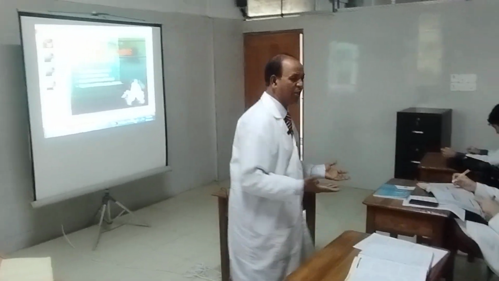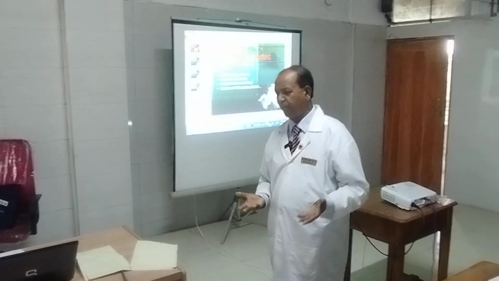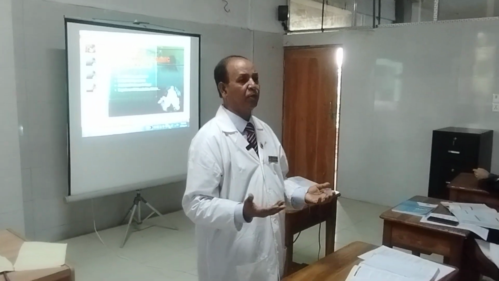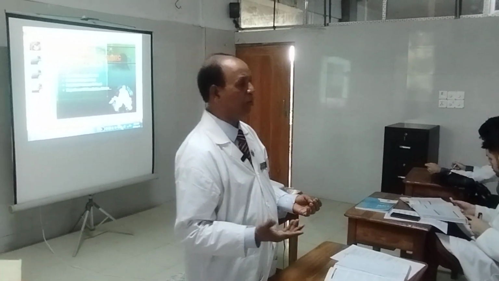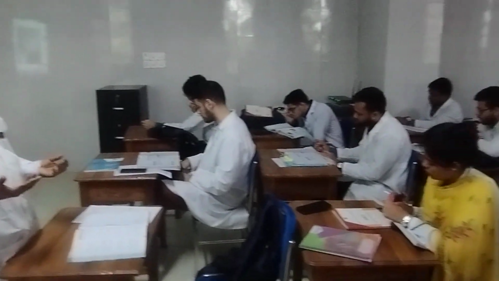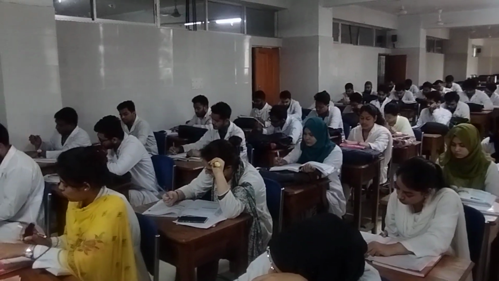Treatment plan is very easy. Look in your book. Supportive treatment, just IV immunoglobulin. Look to your book, not to me. IV immunoglobulin, 1 gram per kg of body weight, given for 2 to 3 weeks.